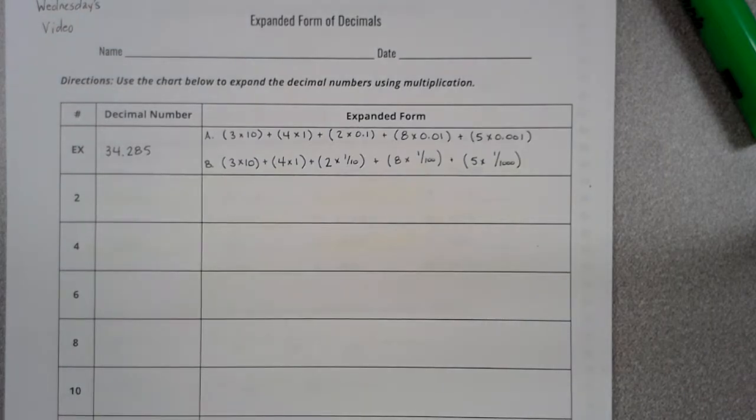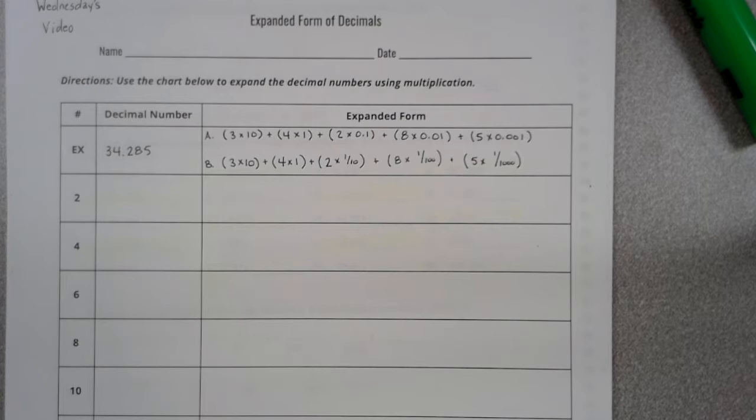Now you can choose whatever you want to do. If you want to do A method, go ahead. If you want to do B method, go ahead. You only have to choose one. You do not have to do both of them. Choose one and stick with it the whole way through.